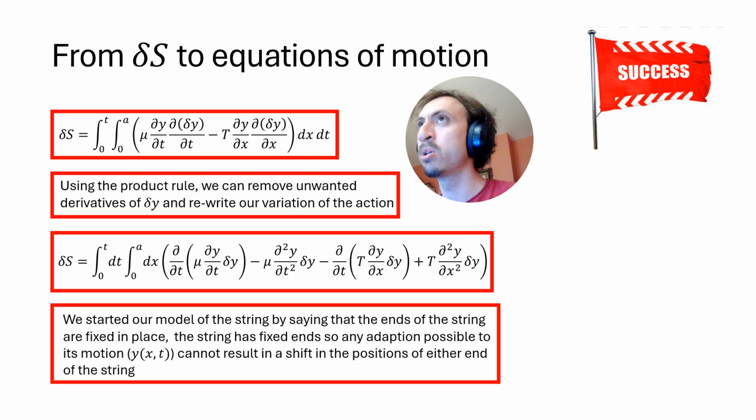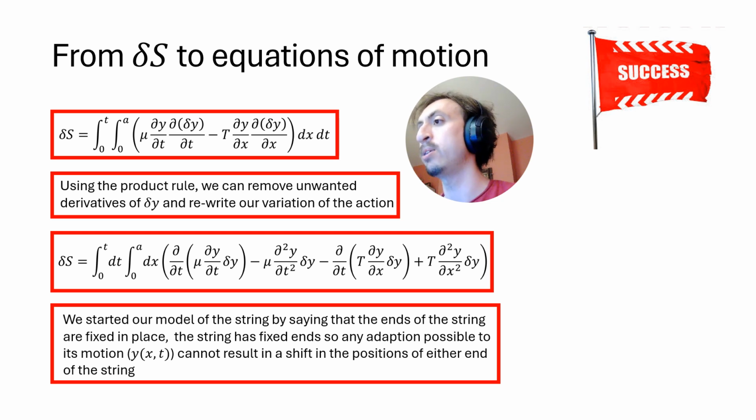The special thing about the endpoints is we said at the beginning, when we were developing the Lagrangian such that we could find the action and then eventually the infinitesimal change in the action, that the endpoints are fixed, they cannot move.